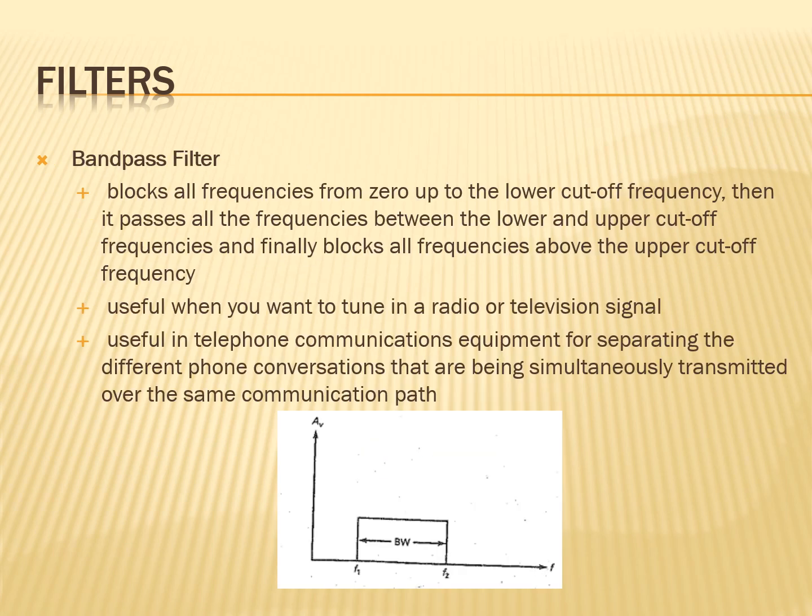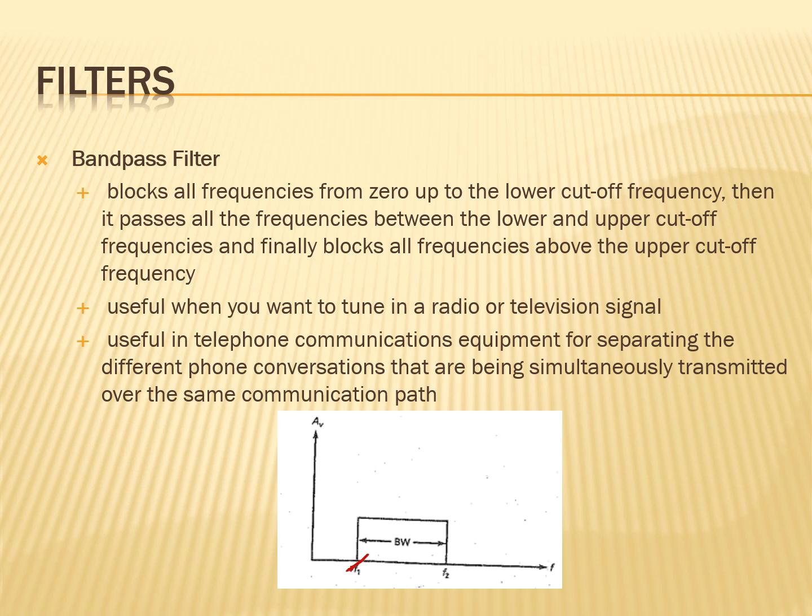Now, let us go to the bandpass filter. This is now the response for an ideal bandpass filter. It blocks all frequencies from 0 up to a certain lower cutoff frequency.